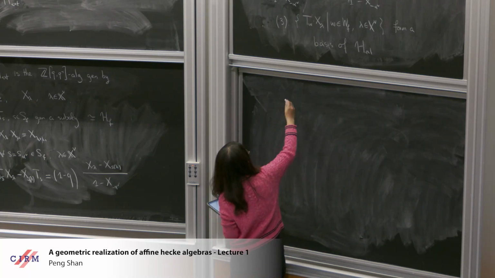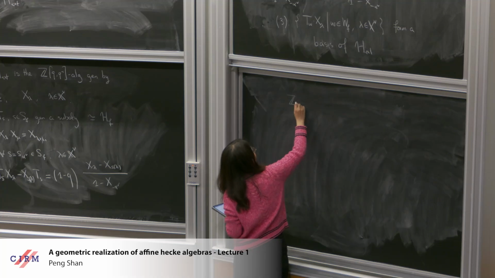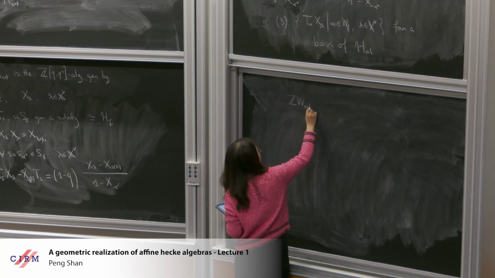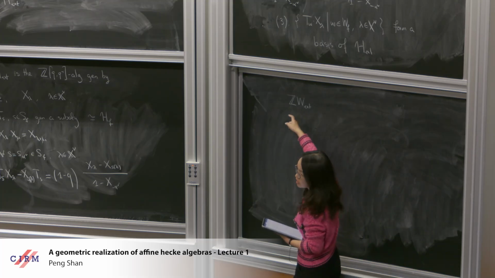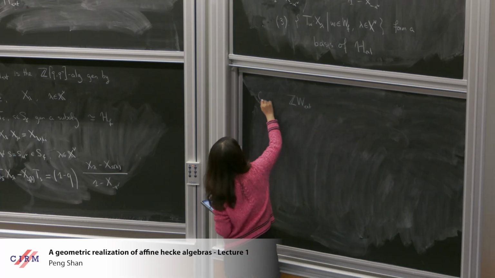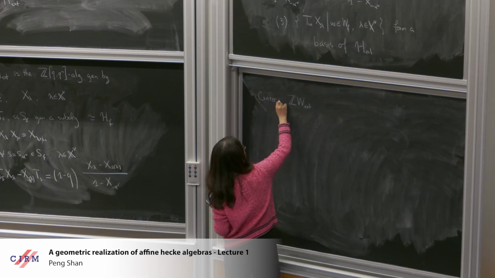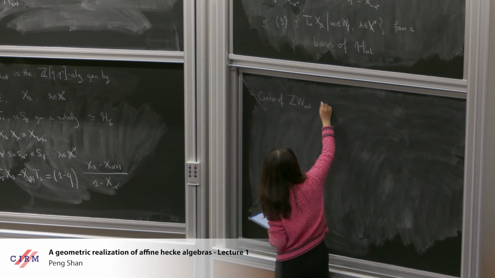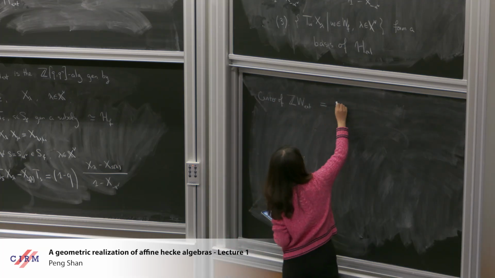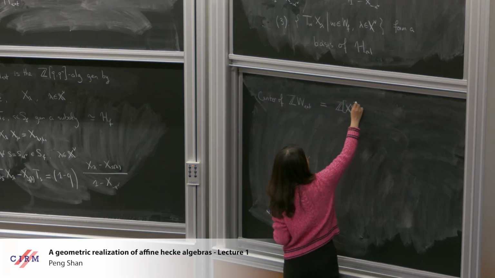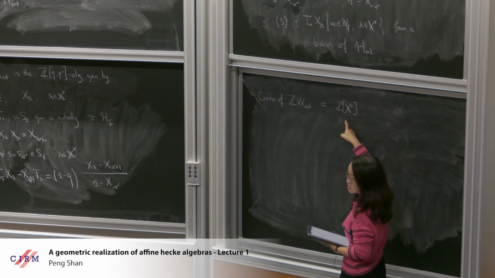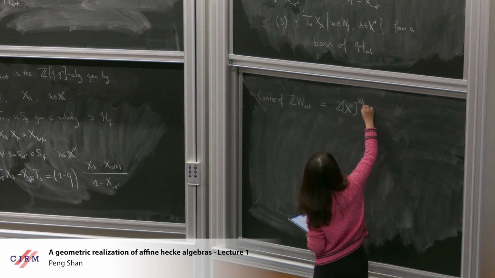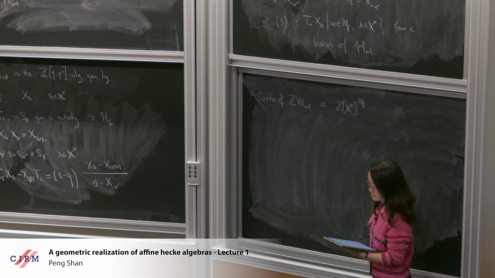Since our extended affine Weyl group is a semi-direct product, it's not hard to observe that the center of this group algebra is the same as, you take the group algebra of this lattice part, and you have an action of W finite on this lattice, and you take the invariants.